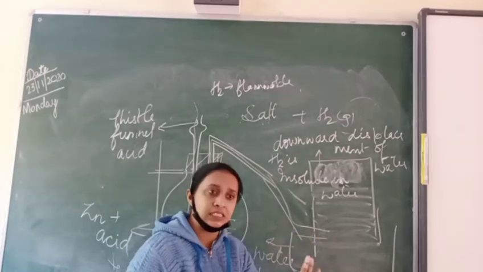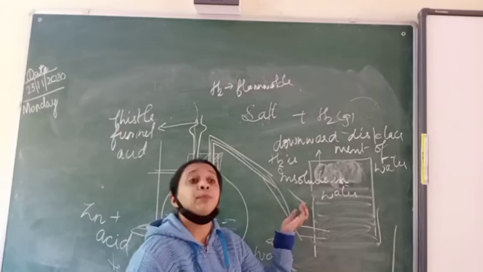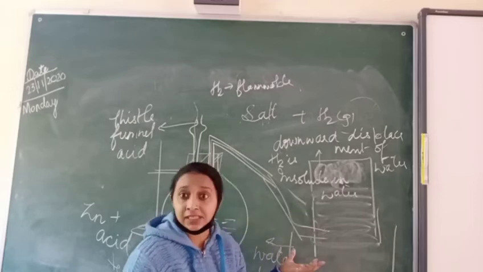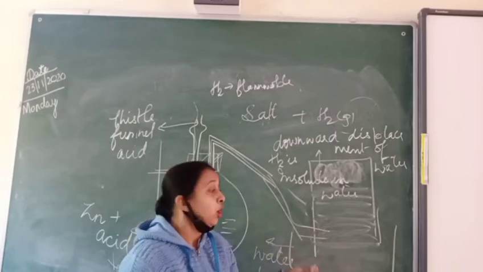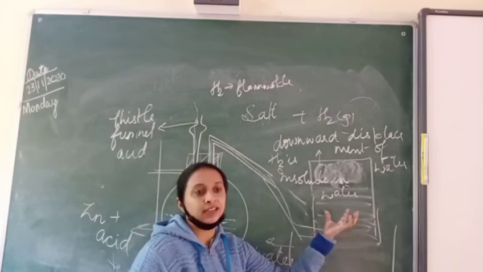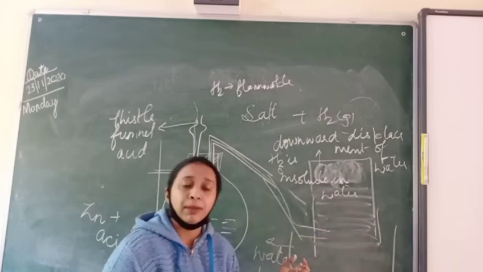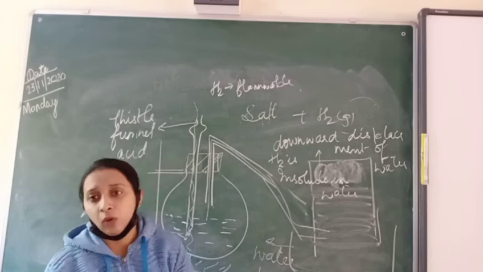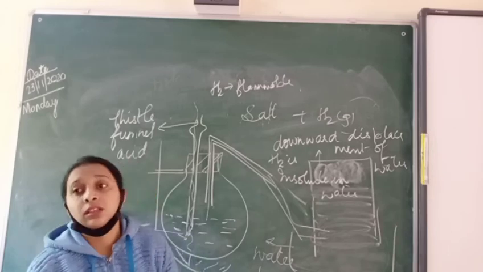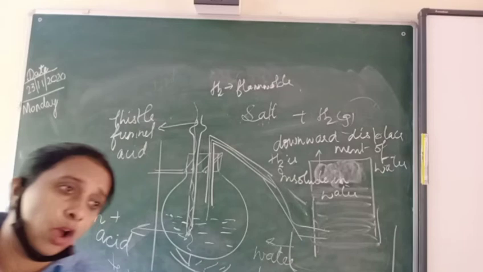Yes or no? So we release that gas and then later on we start collecting the gas by downward displacement of water. Are you getting? This is the laboratory preparation of hydrogen. Is it understood by everyone here? Now we are going to start with the Bosch process.